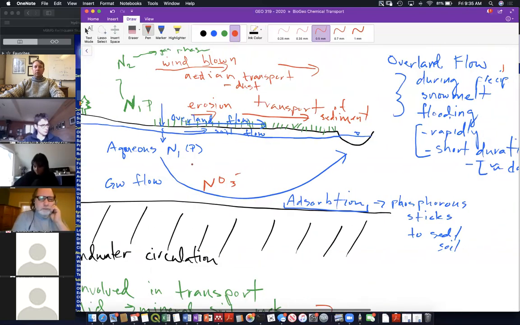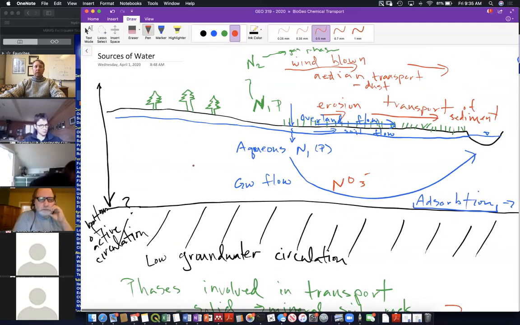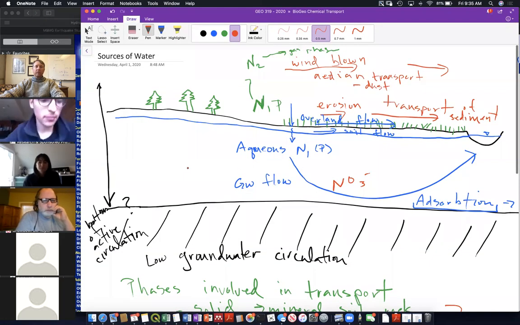Let's think of other sources. It's a good example. What are other ways you think that we could get a lot of nutrients into the Gulf of Mexico? I mean, we have the Mississippi. Yeah, so estuaries in particular get hammered with nutrients because they have a large river that's draining to the ocean.